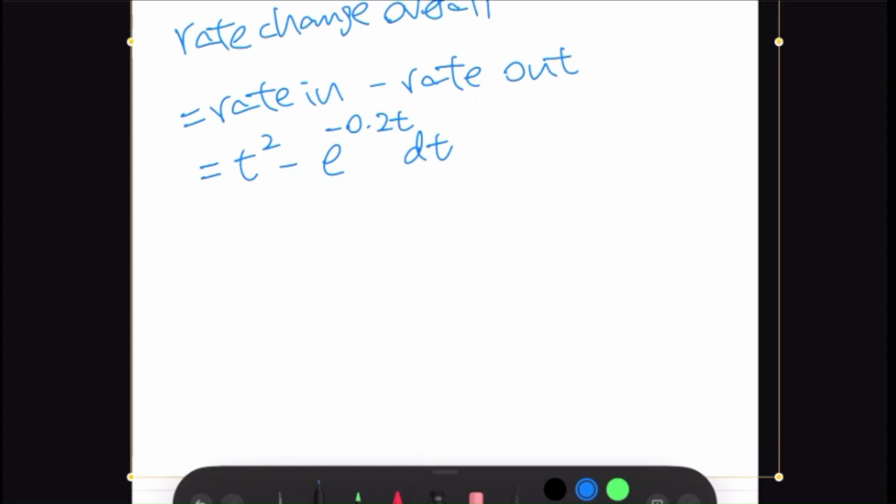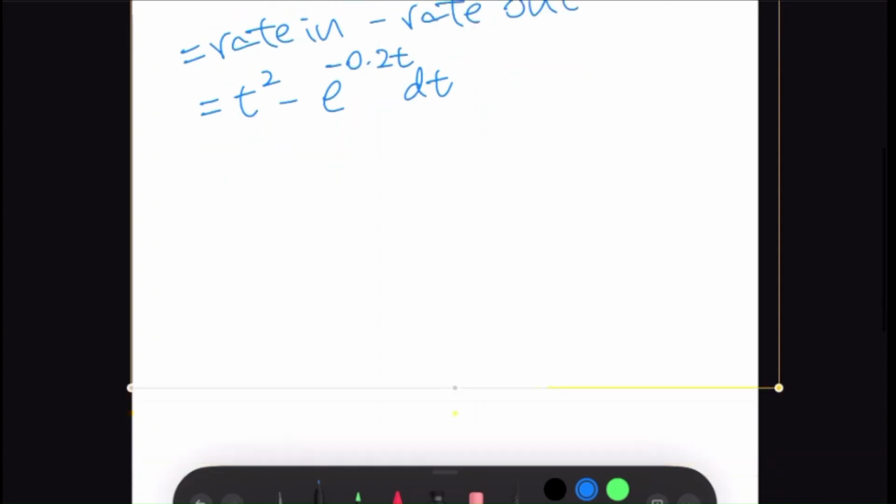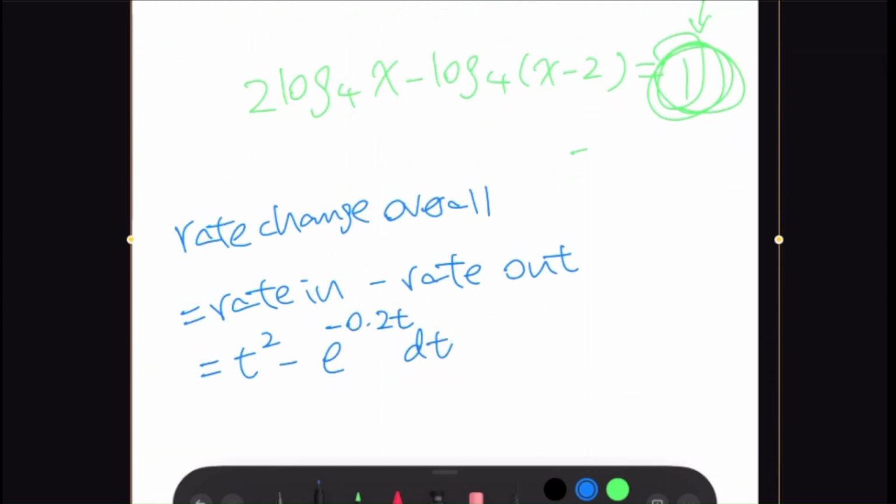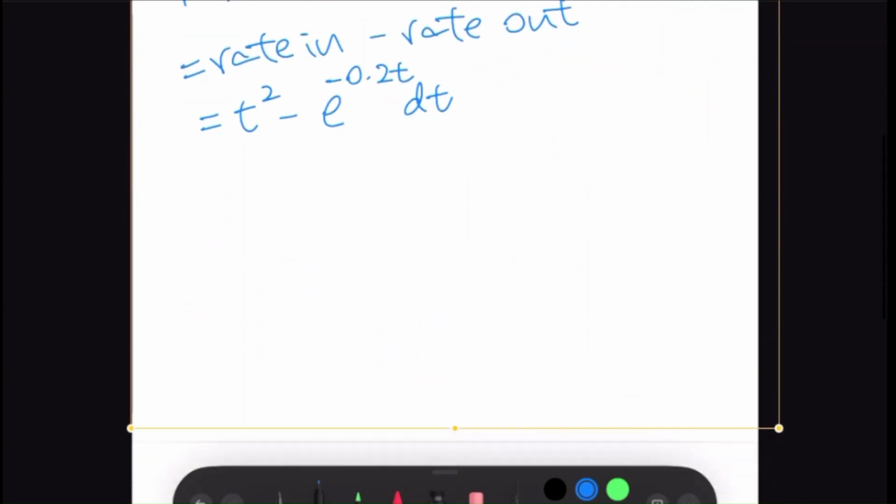Are you guys following along with what I have here? Awesome. And so at any point, the volume would be the integral of that e to the negative, pardon my handwriting.